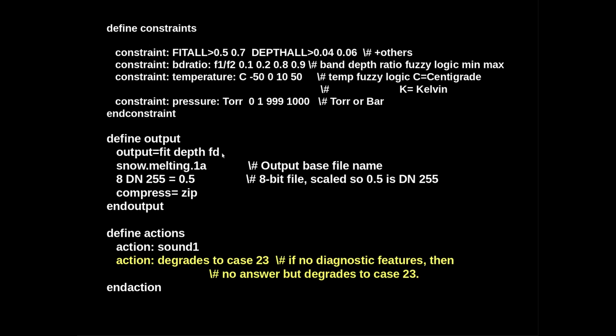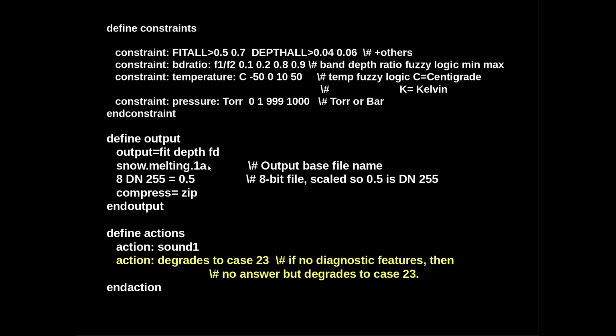For each compound, there can be up to three things: the correlation coefficient of the fitting, which is a weighted correlation coefficient when you have multiple features; the band depth, again the weighted band depth for all the features; and the weighted fit times depth. So it's feature 1 fit times feature 1 depth, feature 2 fit times feature 2 depth, and then put together weighted by the band areas of the reference spectrum.